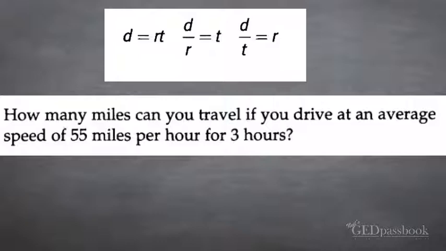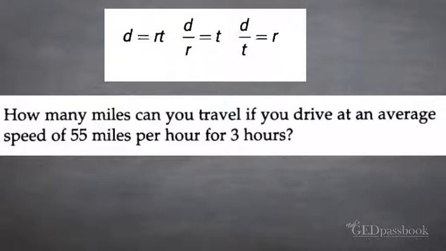What might happen is, instead of giving you the rate or the time and asking you to look for distance, they might give you the distance, and probably the rate, and ask how much time it will take to cover that. So that's where these formulas come into play.